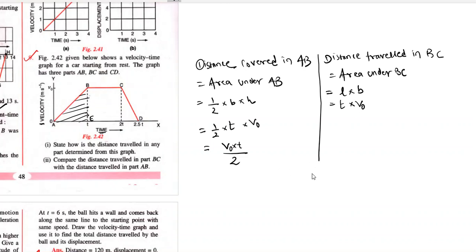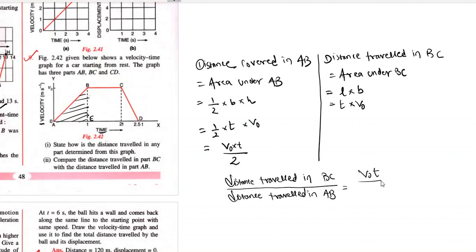So how do we compare the distance traveled in part BC with the distance traveled in part AB? We just have to find the ratio. So distance traveled in BC upon distance traveled in AB, which is V naught T upon V naught T by 2.